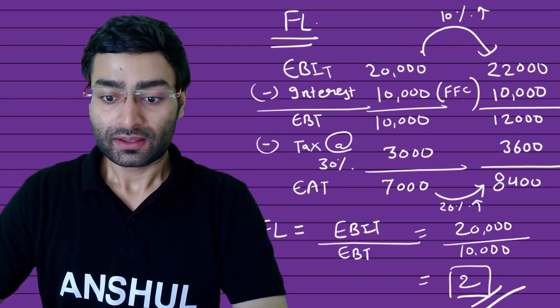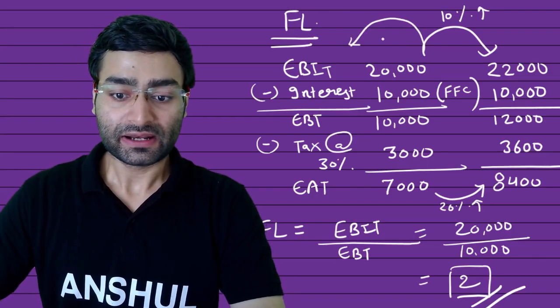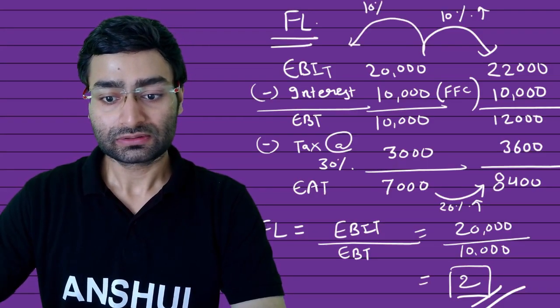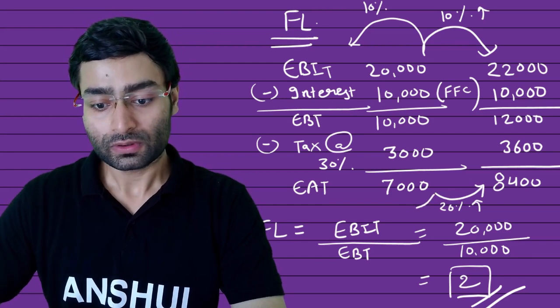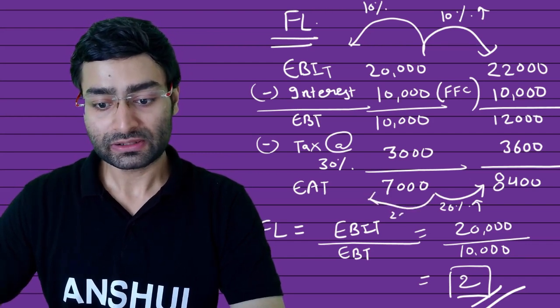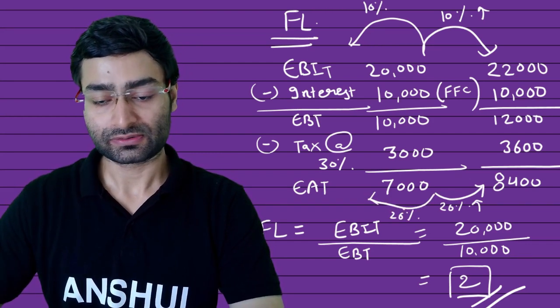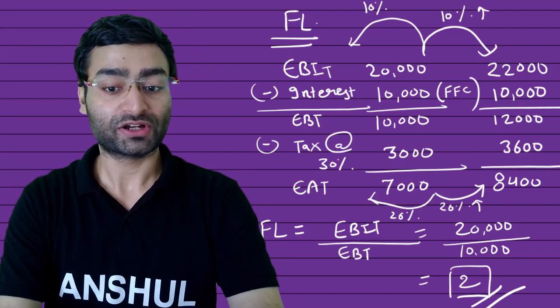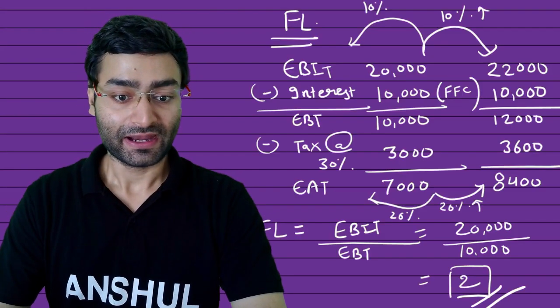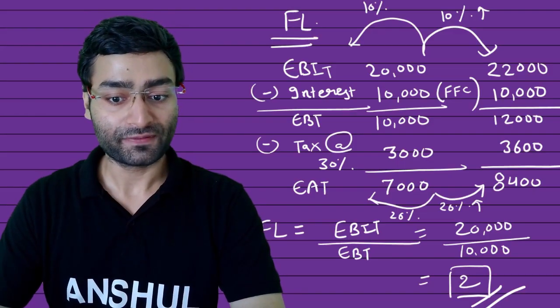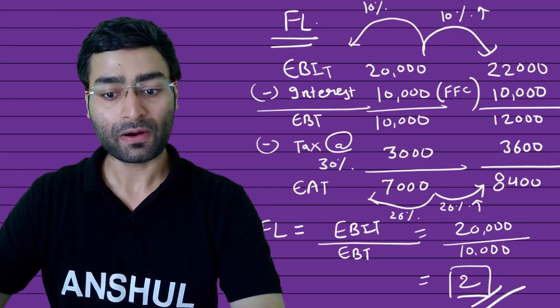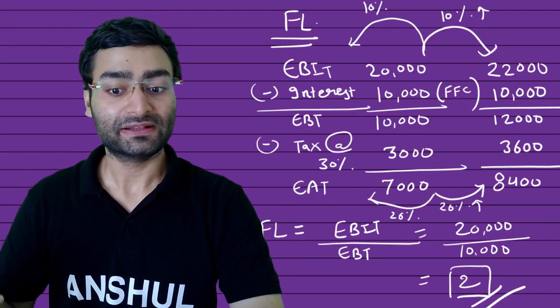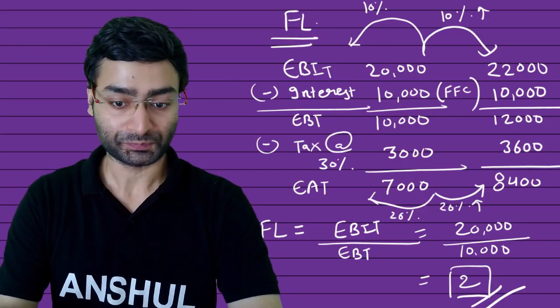Same way, if I decrease EBIT by 10%, will EAT also decrease by 20%? The answer is yes, because we already know leverage is a two-way swing. It can magnify the profit, and it can magnify the loss also.